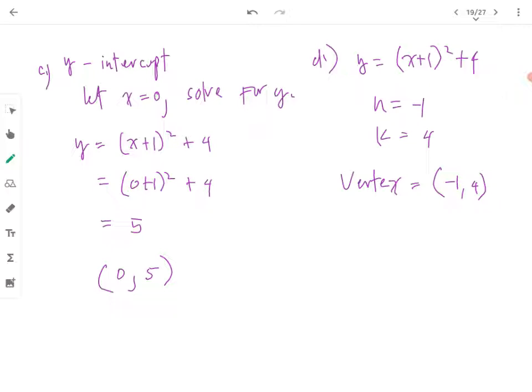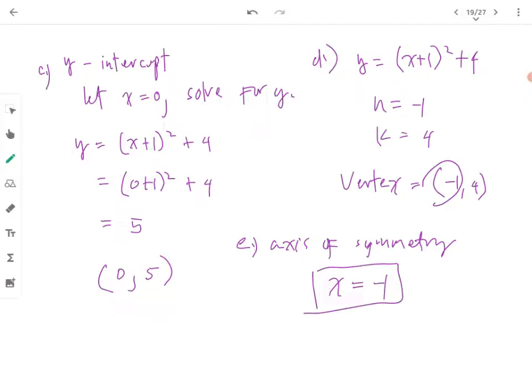So we are getting a correct picture of the graph. Letter E, axis of symmetry. That gives us, in terms of x, x equals -1, the line that will divide the graph into 2 equal parts.